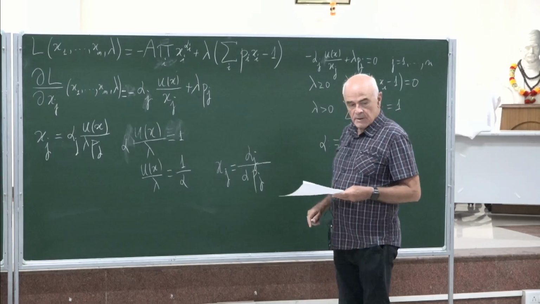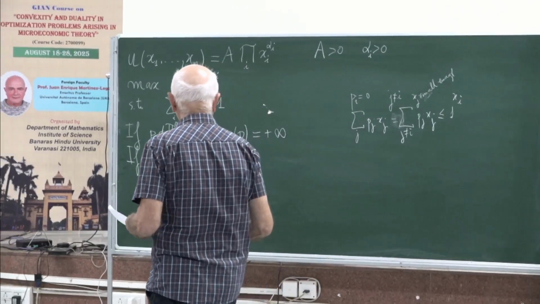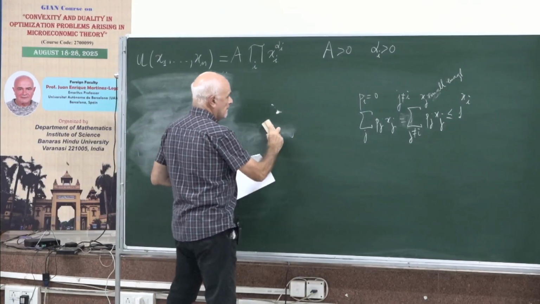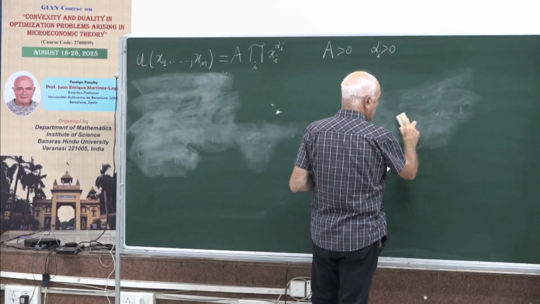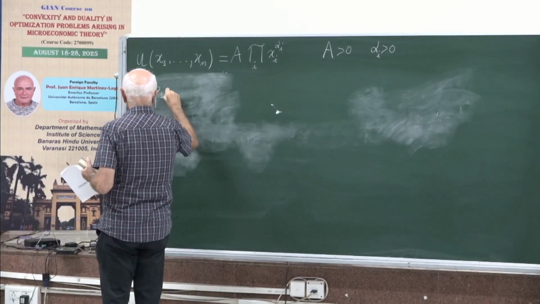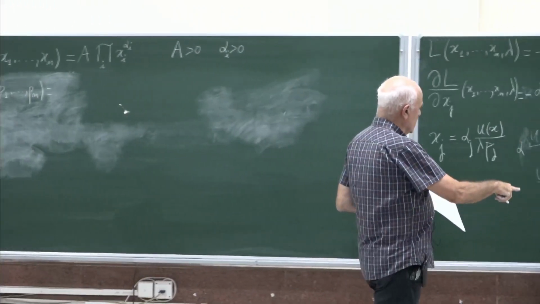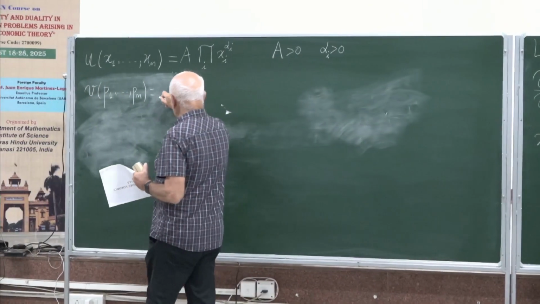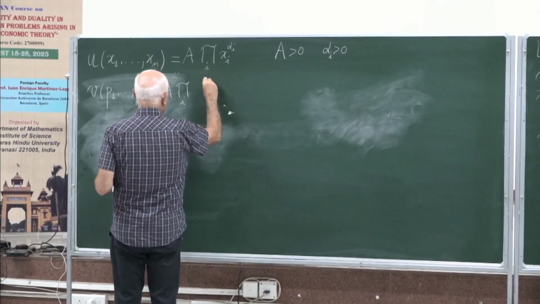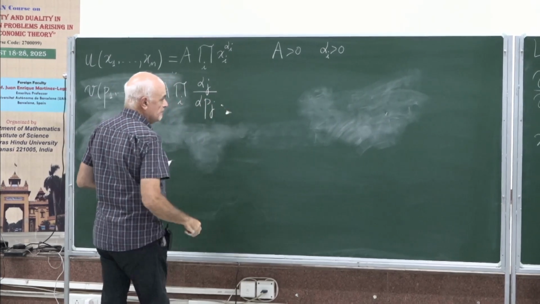Then if we replace it into the definition of the Cobb-Douglas function, we get that V of p, which is u of that optimal x with this xj, is A times the product over i of alpha j divided by alpha times pj to the power alpha i.